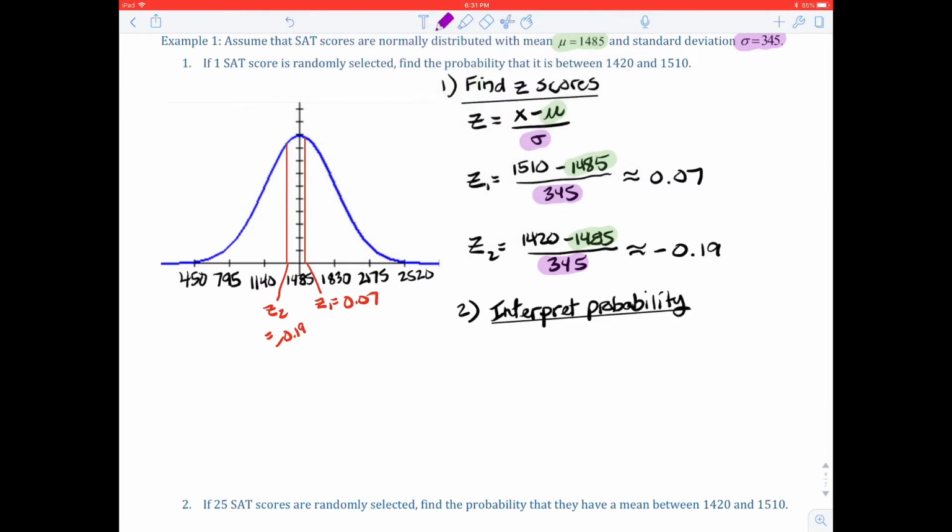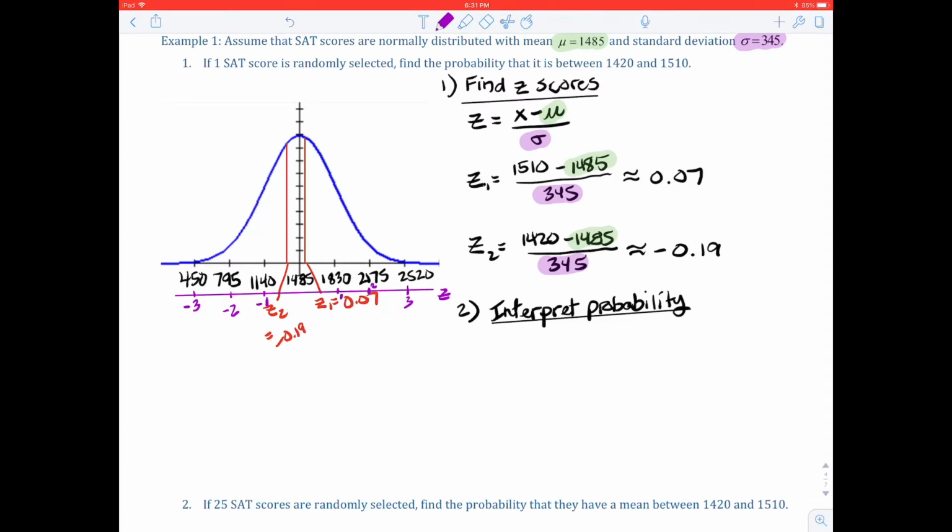And then, of course, if you look at the rest of the Z-scale, what are we going to have? If we could literally make another scale under here, and each of these would be Z. This would be -3, -2, -1. Over here we would have 1, 2, and 3.